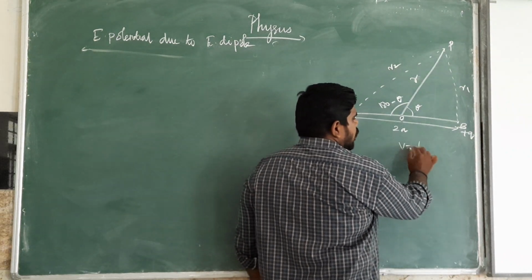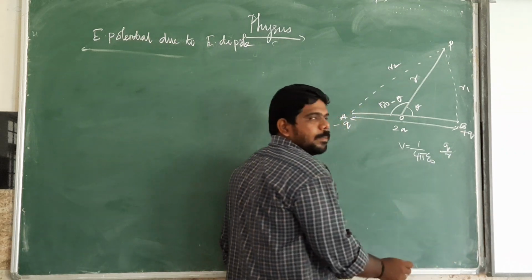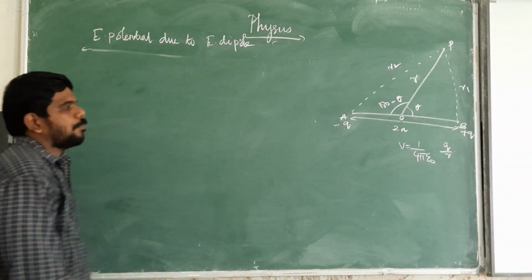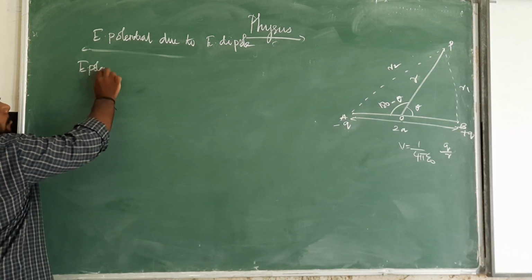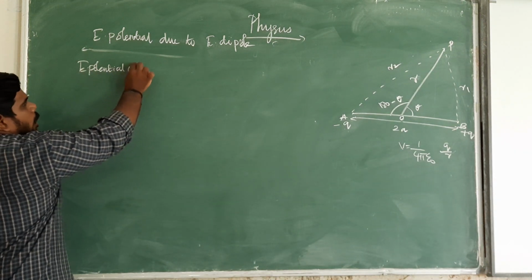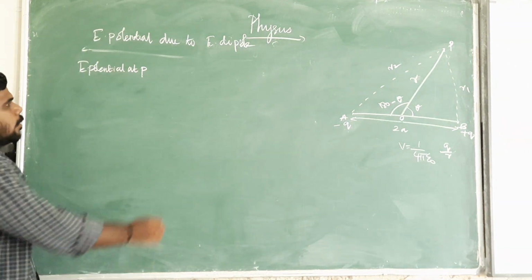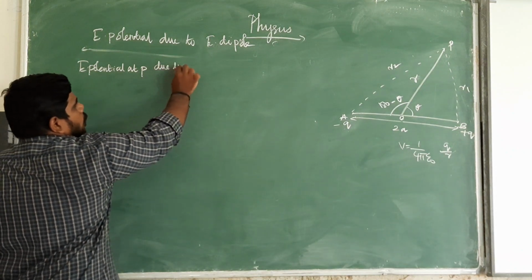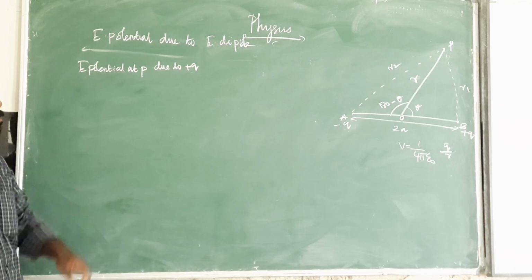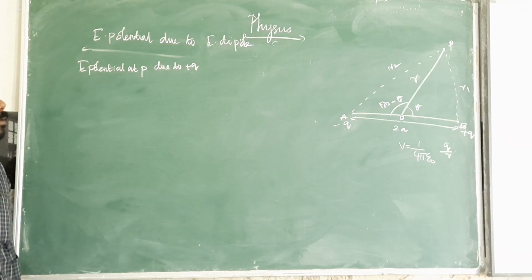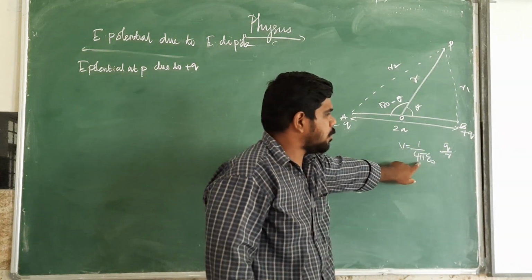But we know the formula for potential. What is the formula for potential? 1 by 4 pi epsilon 0 q by r. First, the electric potential at P due to the positive charge. Already we know the formula, V is equal to 1 by 4 pi epsilon 0 q by r.